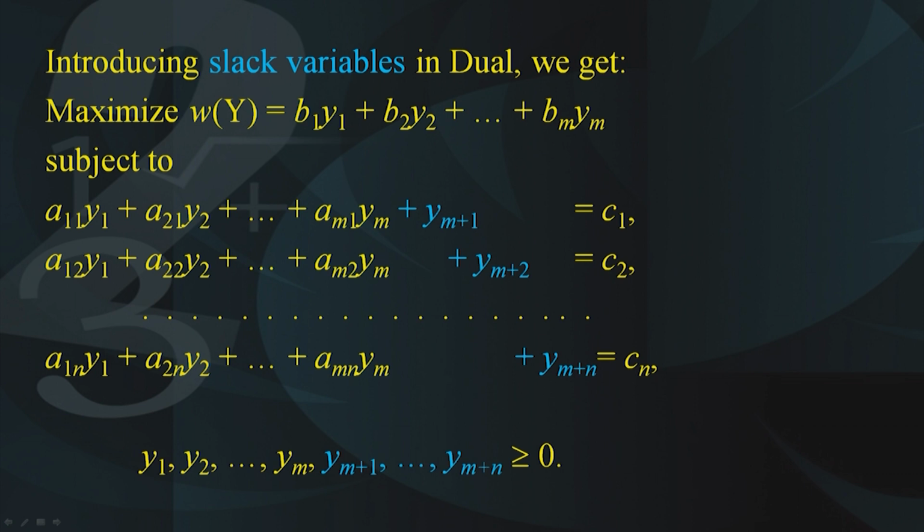And finally, we get a system of equations which are all in the form of equality. So, what we have done basically, in the primal we have subtracted the surplus variables to make the inequalities into equalities, and similarly in the dual we have added the slack variables to convert the less than or equal to sign to the equality sign. Of course, all the variables have to be greater than or equal to 0.